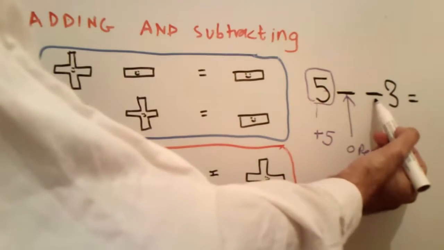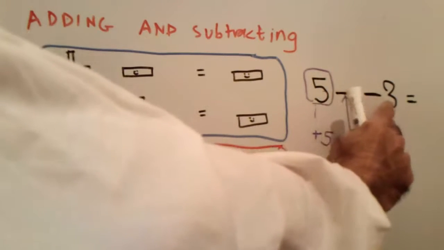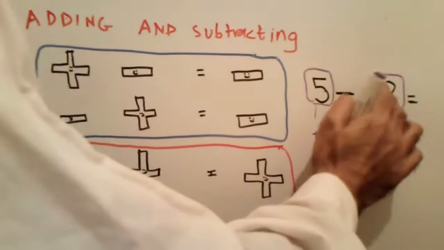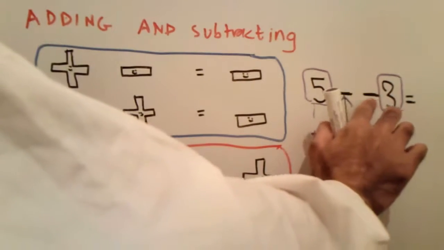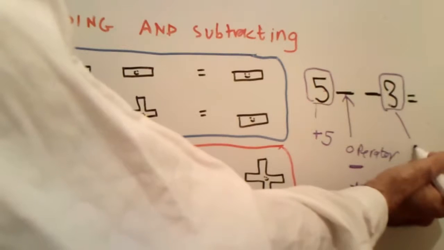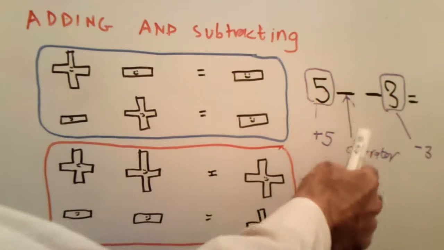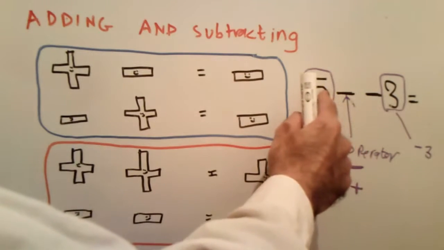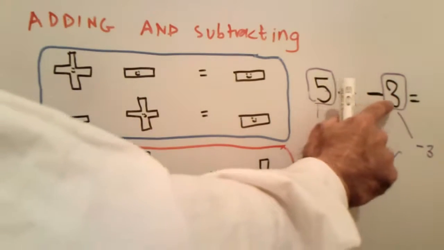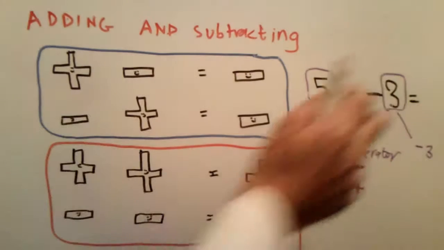But now this symbol here is the sign of 3. We've got our 3 here, and now there's something to its left, and it's a negative. So 3 is a negative 3, and this is the operator. That's saying it's positive 5 minus negative 3, and this number here is the sign of our integer.